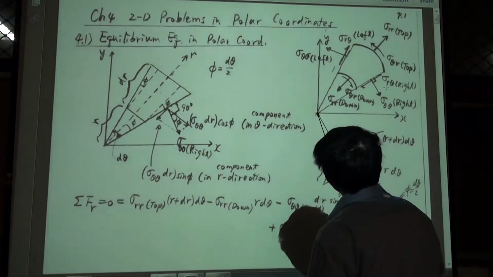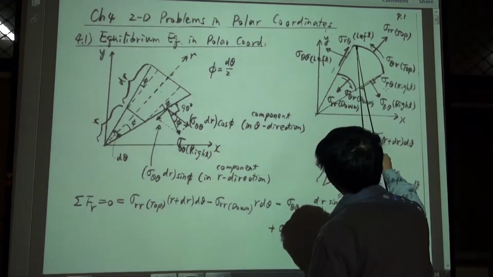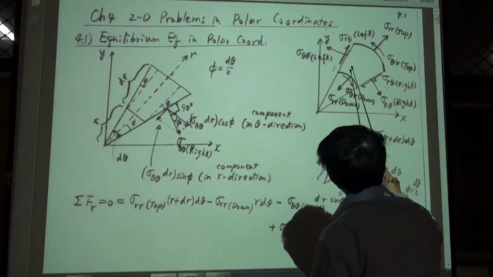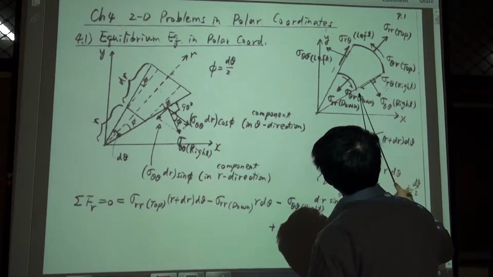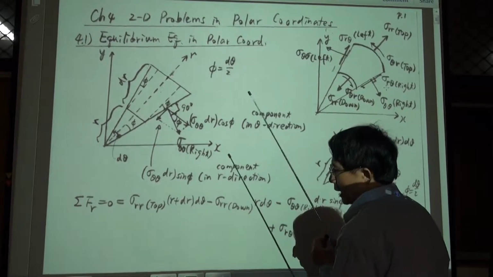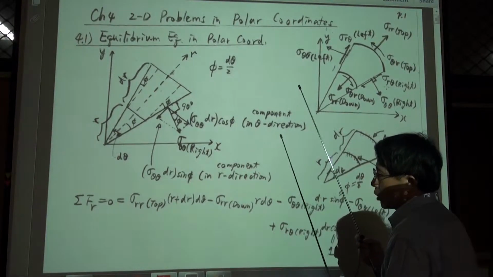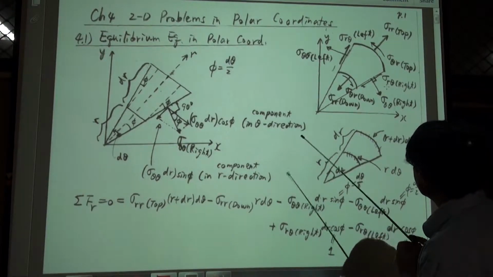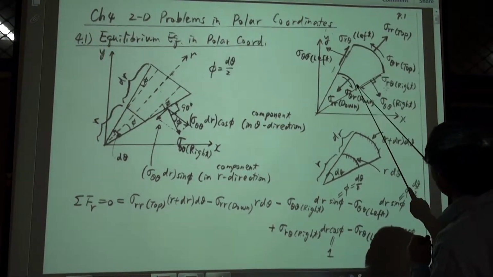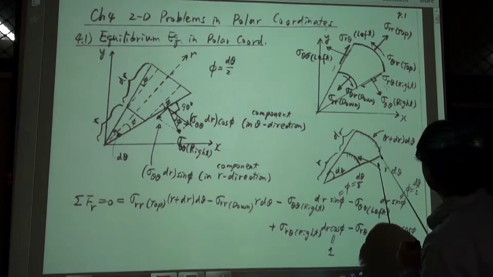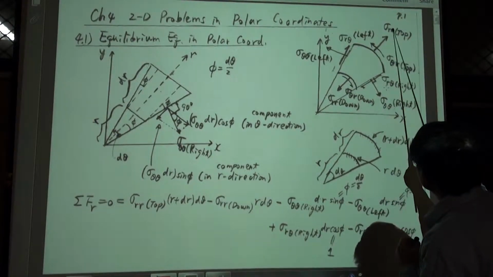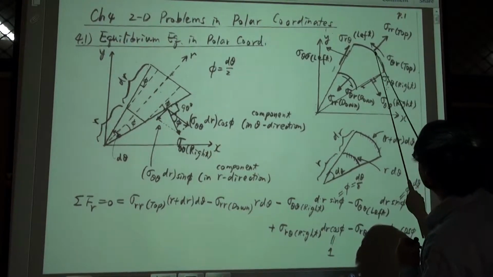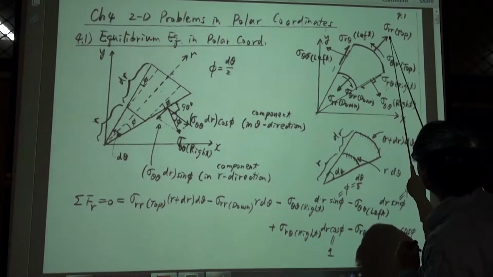See, this line and this line are two radii, and this line and this line are two circular arcs. Okay. So along these lines, we have some stress components. This is sigma R, meaning the normal stress in the R direction.